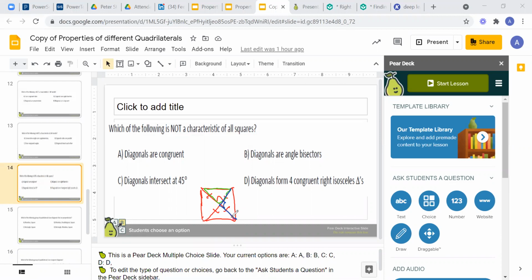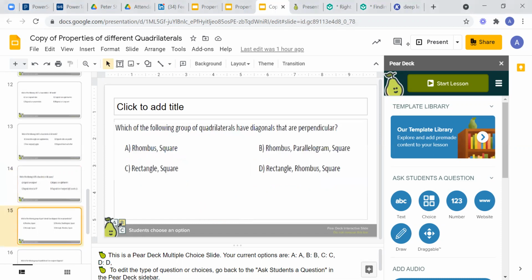This is an isosceles right triangle. And the last one, an isosceles right triangle. So this is right. It forms four congruent right isosceles triangles. So C is the wrong answer here.